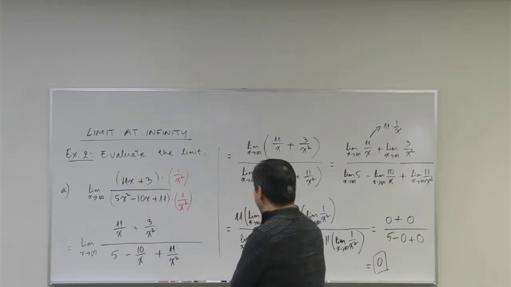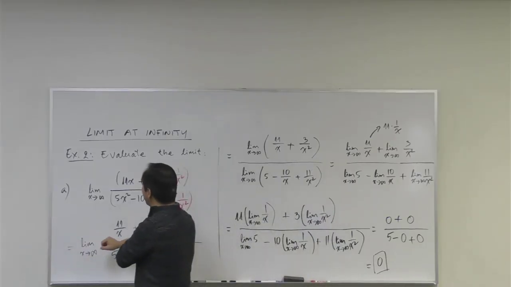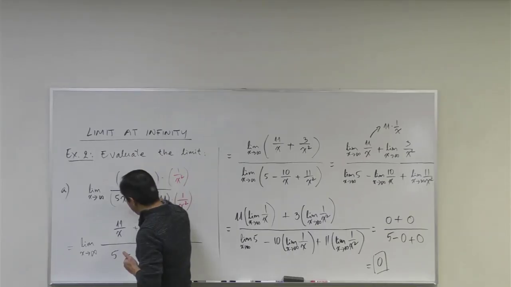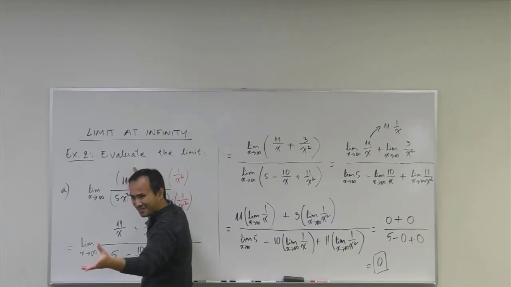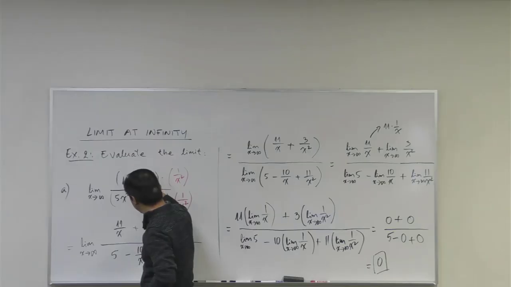But before I move on to another one, let me make one more remark for you guys. The rational expression we have here has a lower degree on top. You still remember what the degree is? We just talked about degrees in the earlier lecture. This one is degree 1, that one is degree 2. So the idea is lower degree on top, higher degree in the denominator.